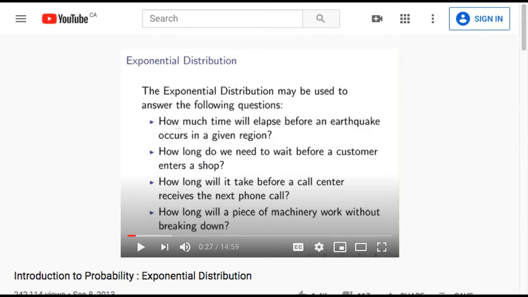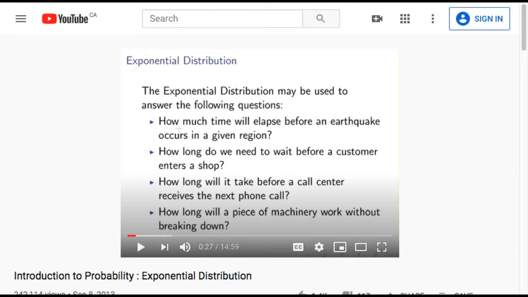Tell me why these are important questions to ask. If you live in an earthquake region, wouldn't it be good to know? You can get precise data or as close as possible, right?